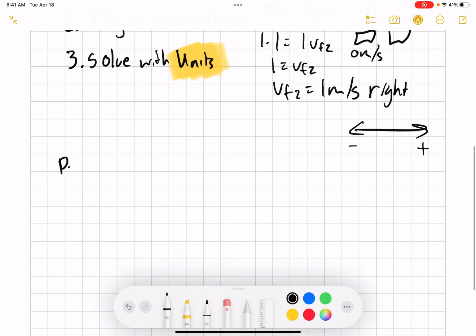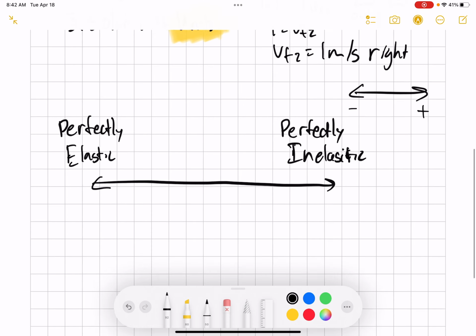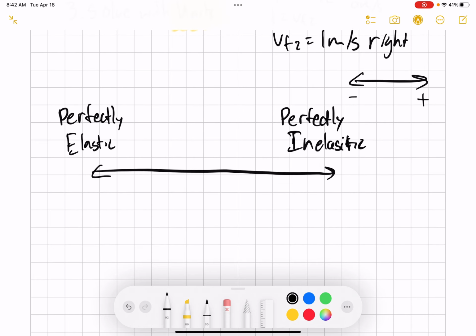Yeah, so we have perfectly elastic, and then we have perfectly inelastic. Sometimes we think of these as the only two types, but I want you to think of them as two opposite ends of the extreme.